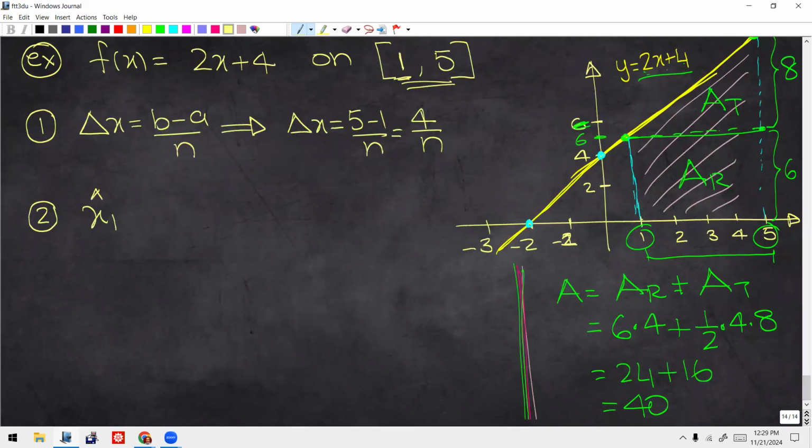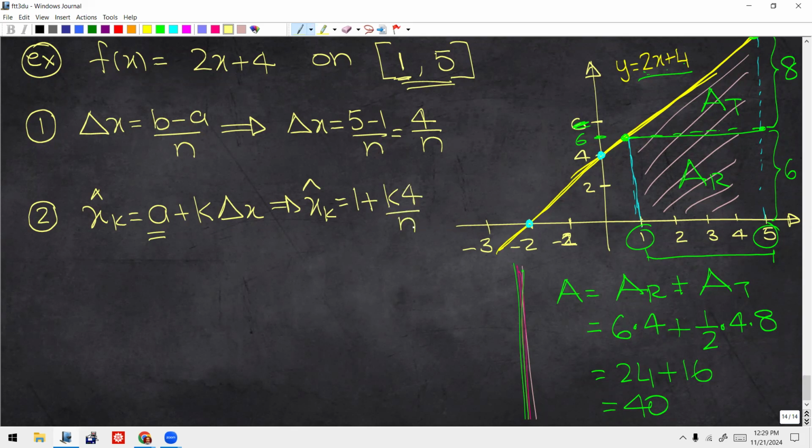X hat sub k is equal to a plus k delta x, right? That is a formula we came up with to find those evaluation points. The hats are the evaluation points. So what does that give us for x hat sub k? What is a? 1 plus k, and what is delta x? 4 over n. So we have a formula for x hat sub k. It's 1 plus 4k over n.